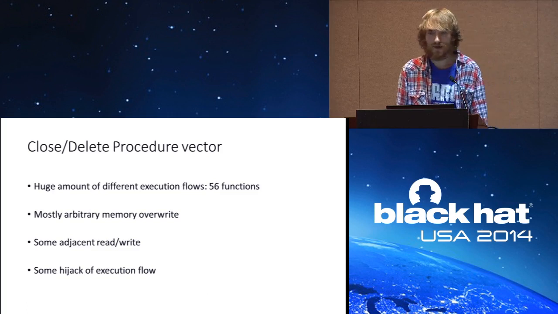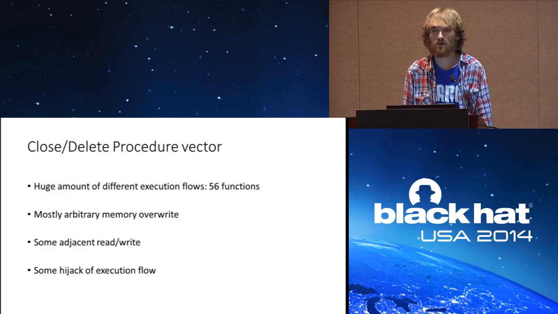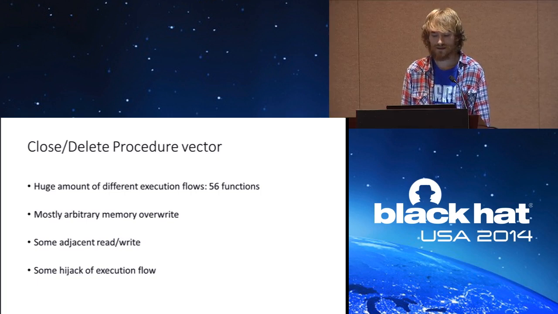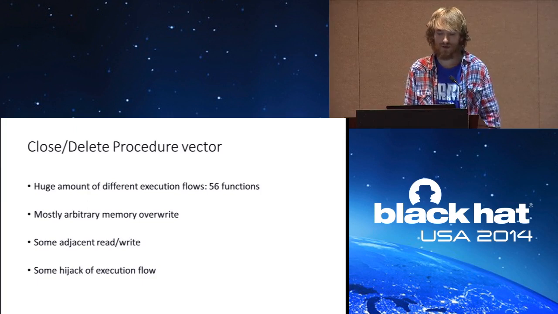Talking about other procedures, for example, when you call CloseHandle and the object manager calls close and delete procedures, there are a lot of ways, because almost every object type has a specific close and delete procedure.